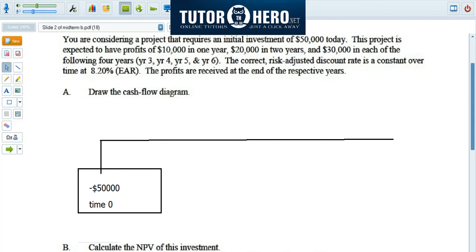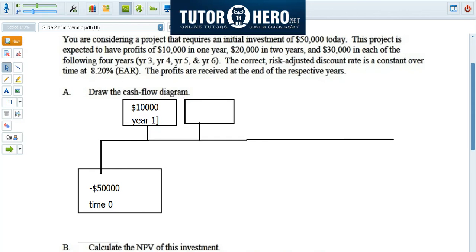So then what happens after that? Well, the next thing occurs at year 1. We'll put a box here, and the next thing that happens is $10,000, and that occurs at year 1. What happens after that? At year 2, we're going to get $20,000.